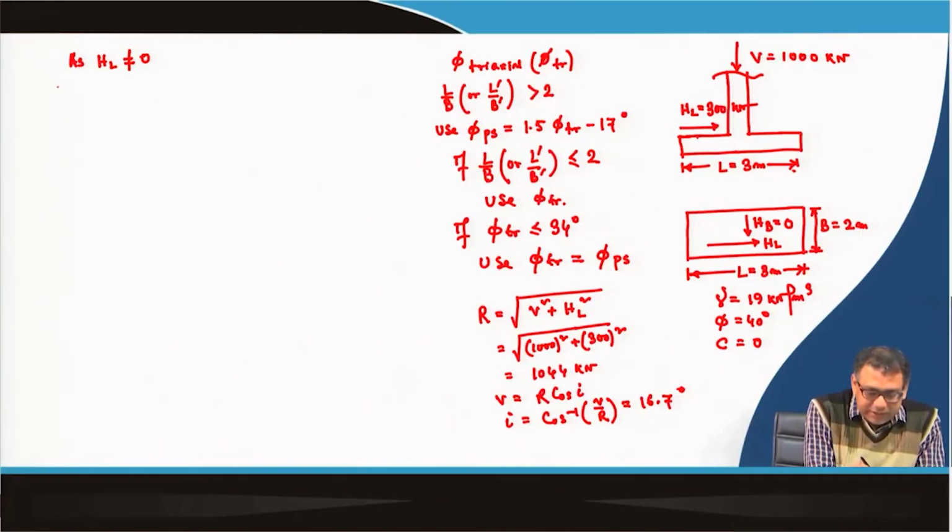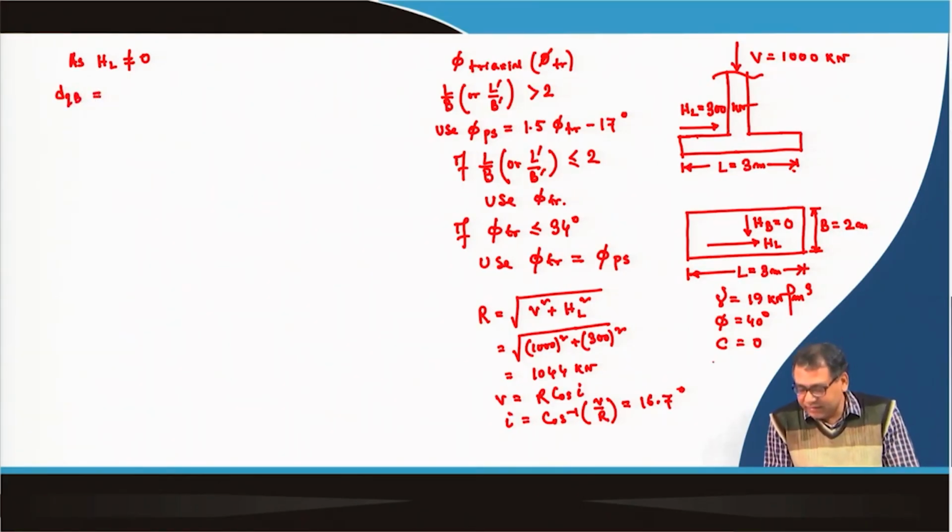So, now my dq B is equal to, I am not calculating dc, because c is equal to 0. So, the first term I am not calculating.